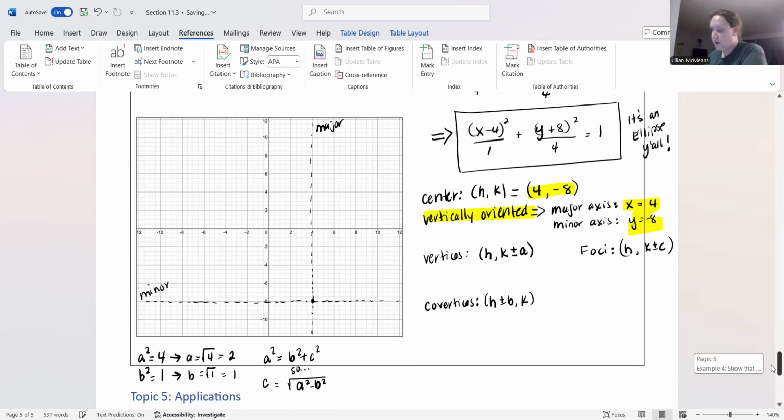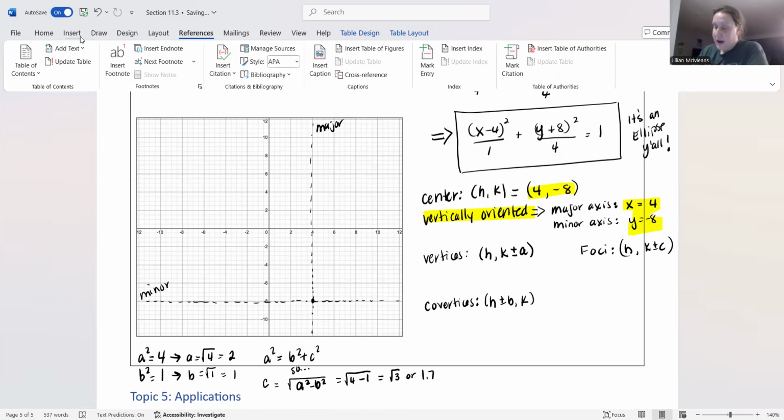I know this video is running long, but I don't want to rush any of this. So we know that A squared is 4 and B squared is 1. So C is going to be the square root of 3, which is 1.7-ish.